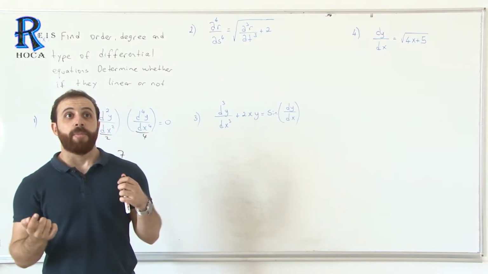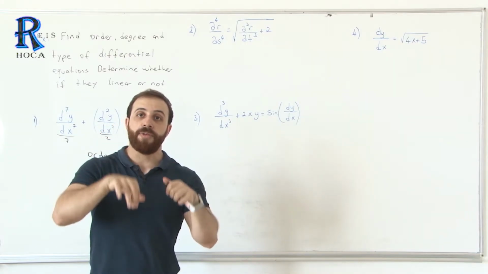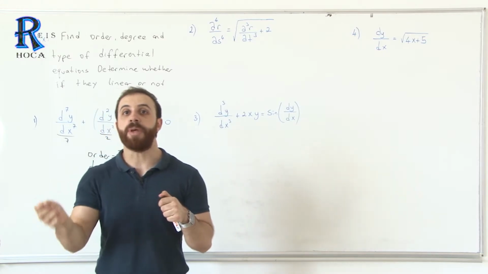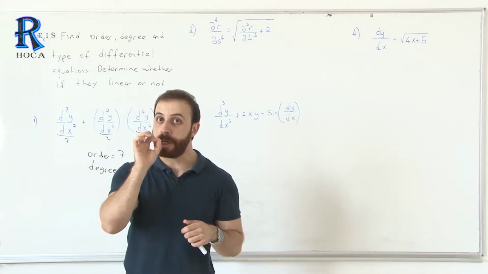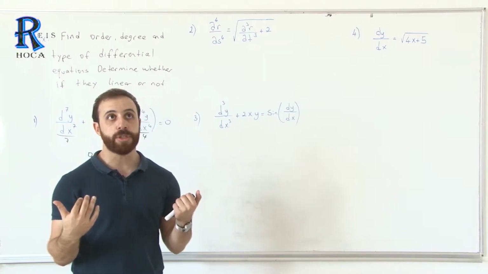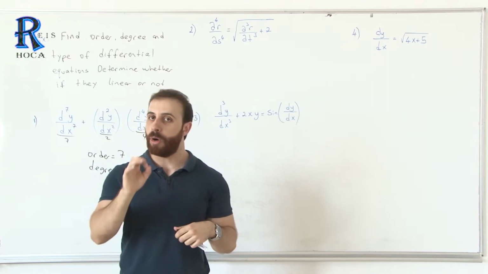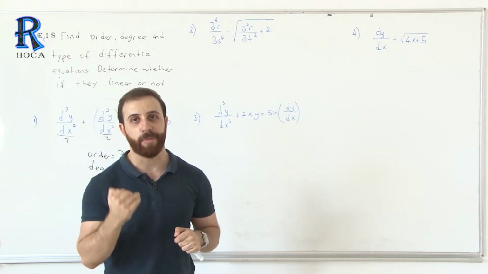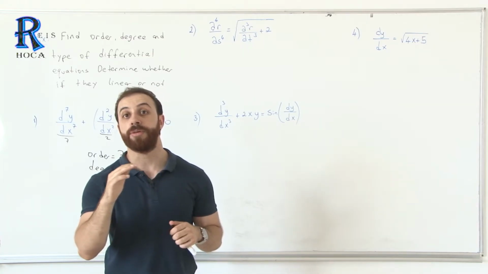That is, to mention about degree, the differential equation, according to derivative, must be in polynomial form. What's the polynomial form? That is, all powers of derivative must be positive integer numbers. If it is not an integer number, you cannot mention degree.